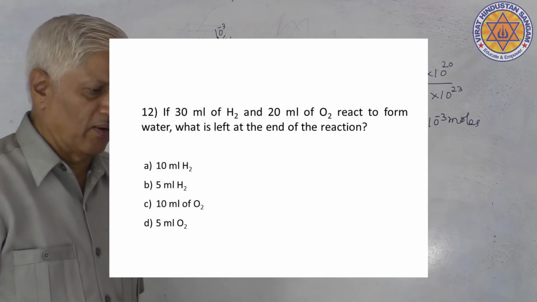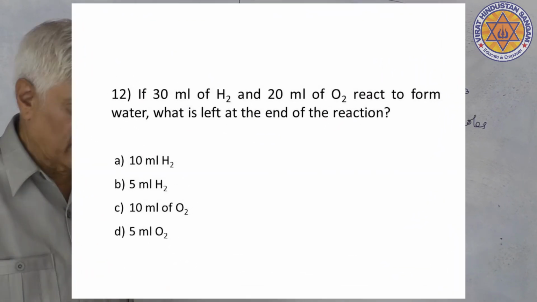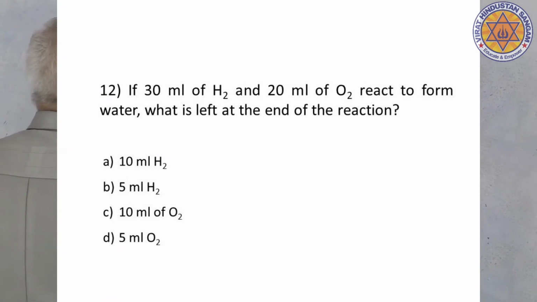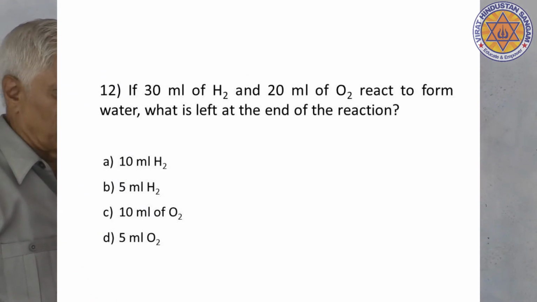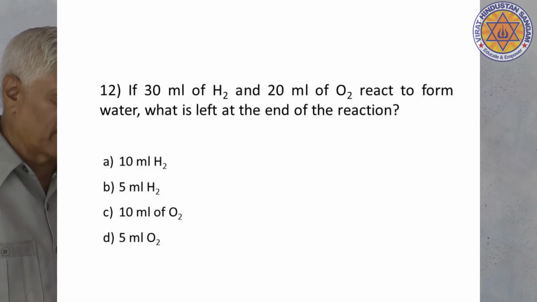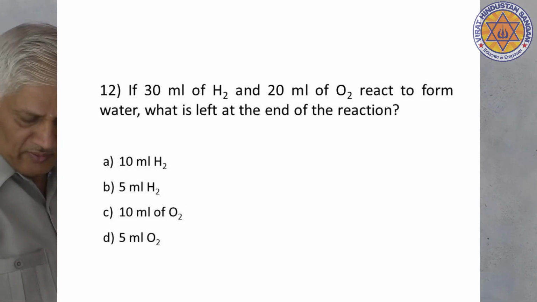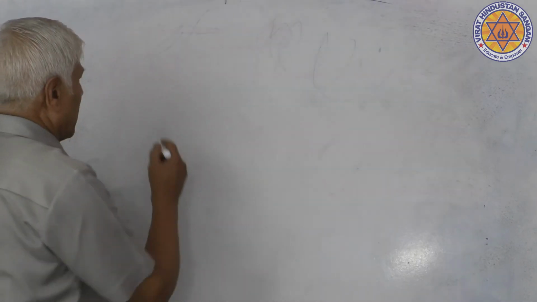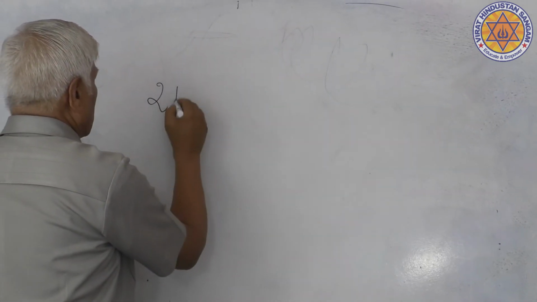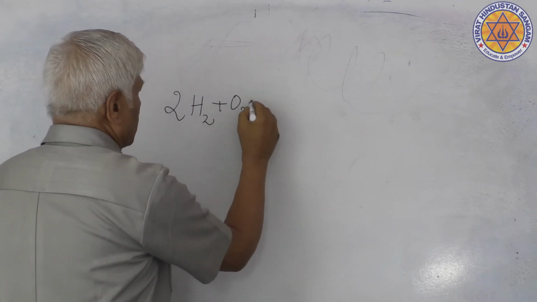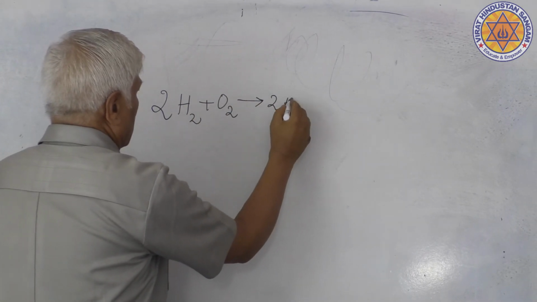Question number 12. Yes, read this question. 30 ml of hydrogen and 20 ml of oxygen react to form water. What is left at the end of the reaction? For such questions, you have to write the balanced equation. 2H2 plus O2 gives 2H2O.